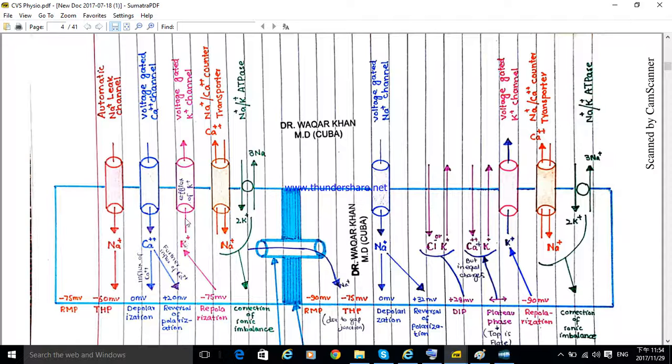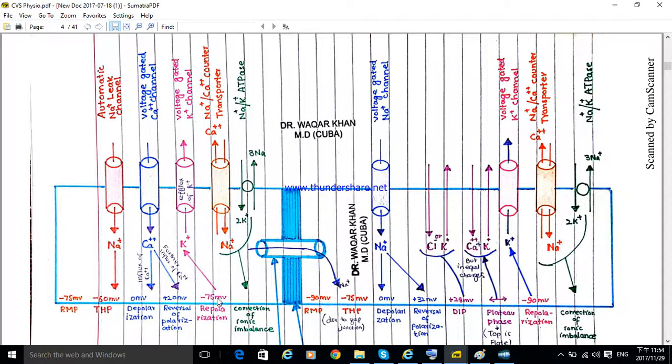That's why there will be opening of voltage gated potassium channels, and there will be efflux of potassium, that is, efflux of positive ions. As positive ions are lost, it will become more negative.